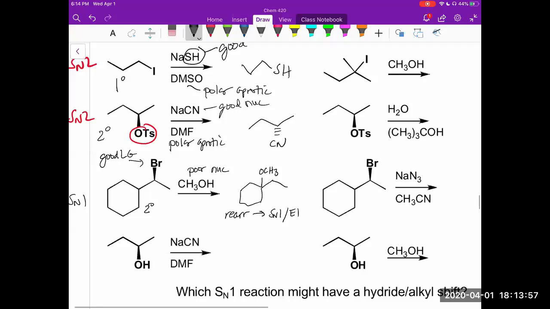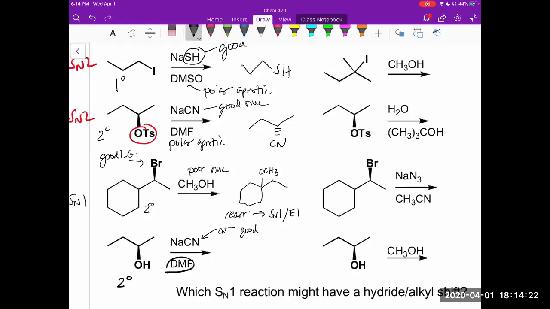Okay. The next one in the list. It's secondary. What kind of nucleophile? CN minus? You consult your nucleophile list. It's a good nucleophile.